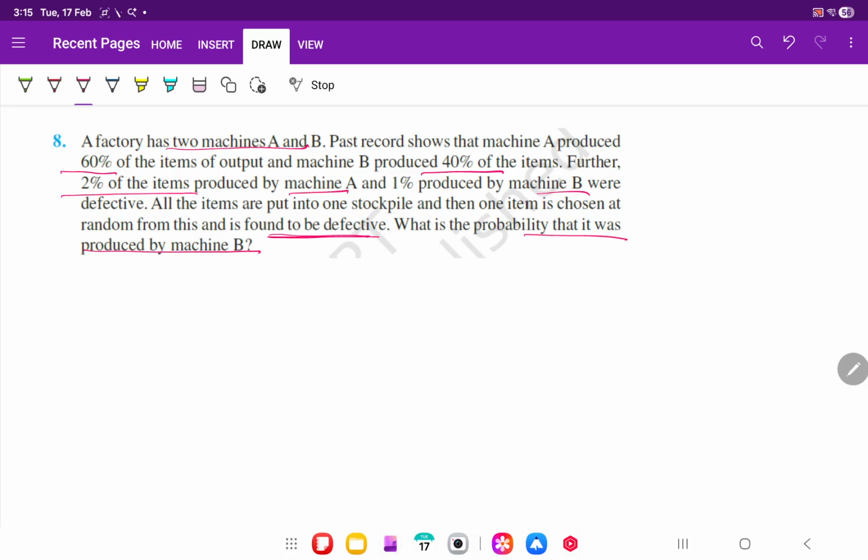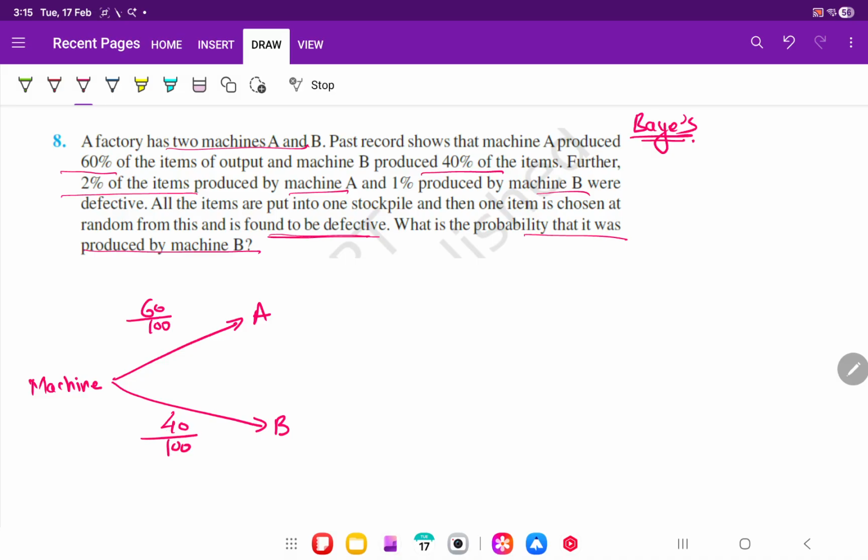So it is a 2-level selection. First the machine is selected and then the product is selected. So this we will use Bayes theorem clearly, correct? What we will use is Bayes theorem. For that, let me make a chart. So there are 2 machines, machine A and machine B. 60% product A is making and 40% B is making.